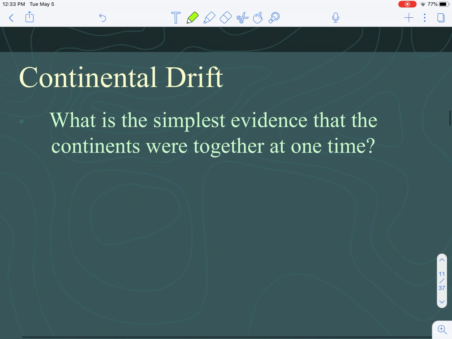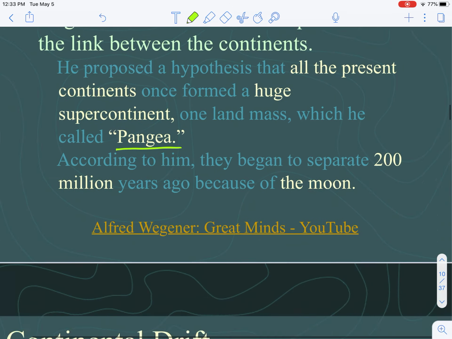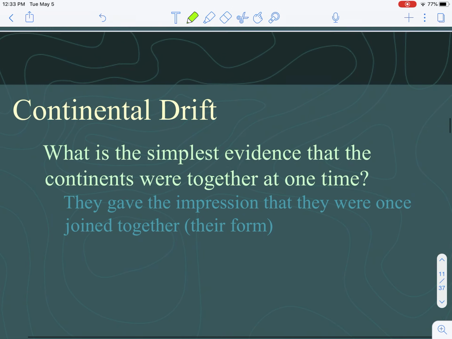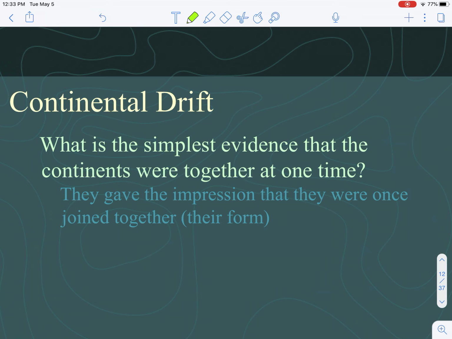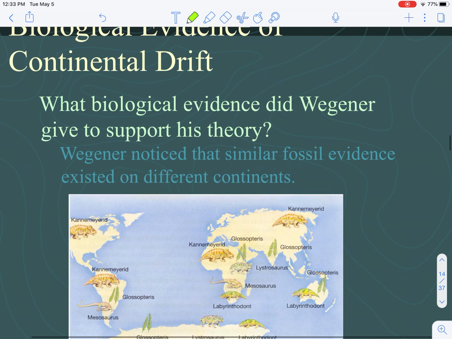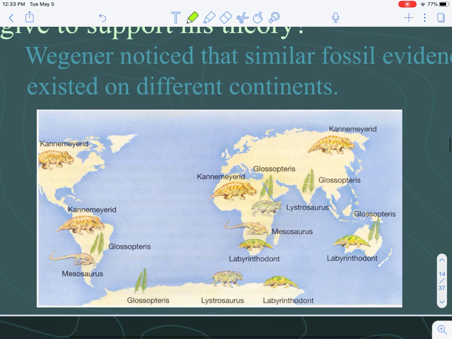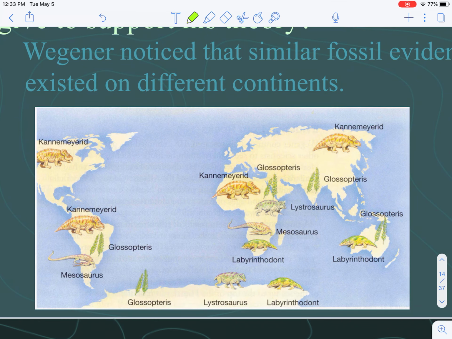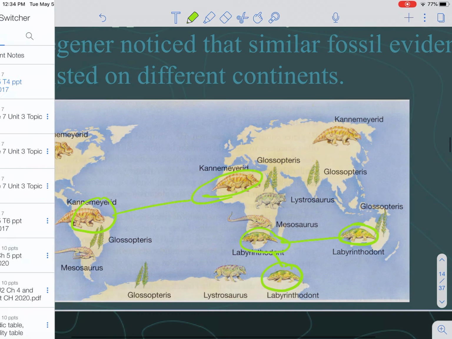His ideas about this are that not only do they look like they fit together, but also that they have discovered fossils in different continents that may have once been together.